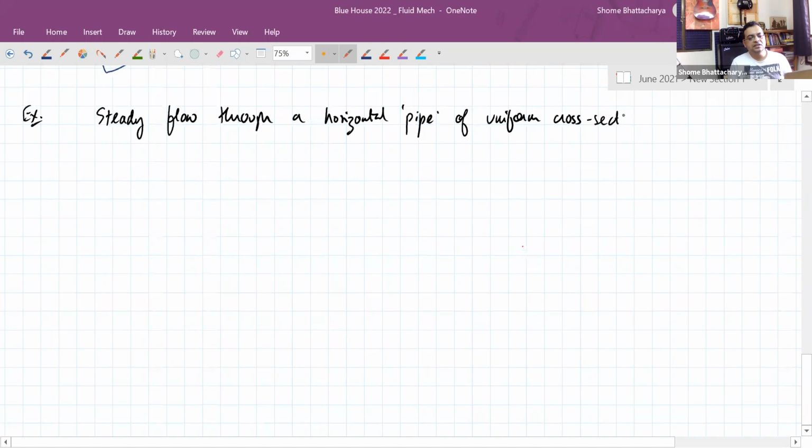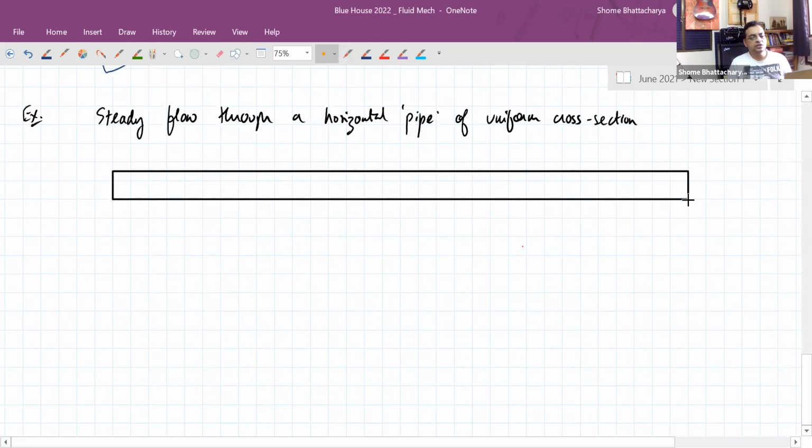This is the simplest case that we can think of. Gravity is not playing a role because the fluid is flowing through a horizontal pipe and the cross section is uniform. So it is the most simple and ordered kind of motion, because literally it is a uniform 1D motion for fluid elements.